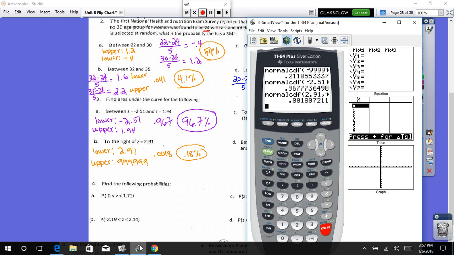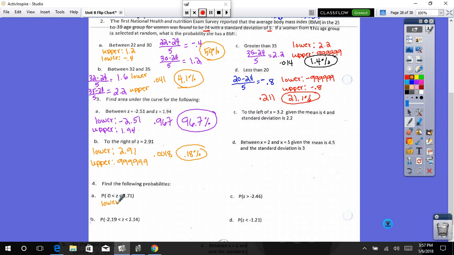Okay, like I said, I'm going to keep going down the left side here. We're still given z-scores, so our life is still pretty easy. In number 4, letter A, we have a lower of 0 and the upper of 1.71.